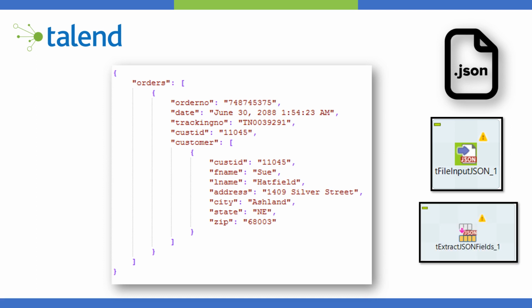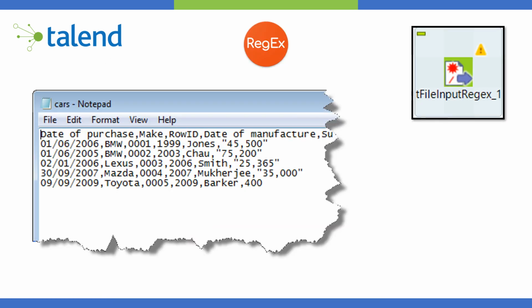For this we have a separate component, tExtractJSONFields. So those fields which are still parsable are to be forwarded to this tExtractJSONFields, and this is going to parse those fields, and later on we can use a tMap component to merge the data from both of these components, and then we just output it.